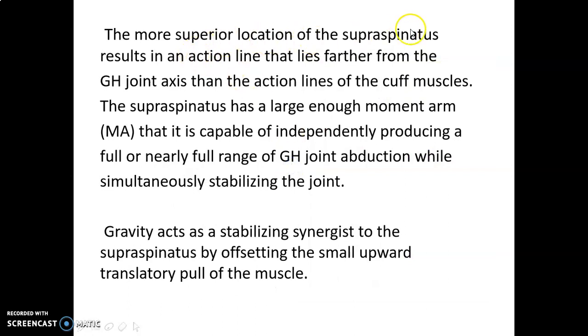The more superior location of the supraspinatus results in an action line that lies farther away from the glenohumeral joint axis than the action lines of the other cuff muscles. We have already shown you that diagram, if you remember the orientation of the muscles. You can see that the supraspinatus muscle's orientation, or action line, is totally away from the glenohumeral joint axis.